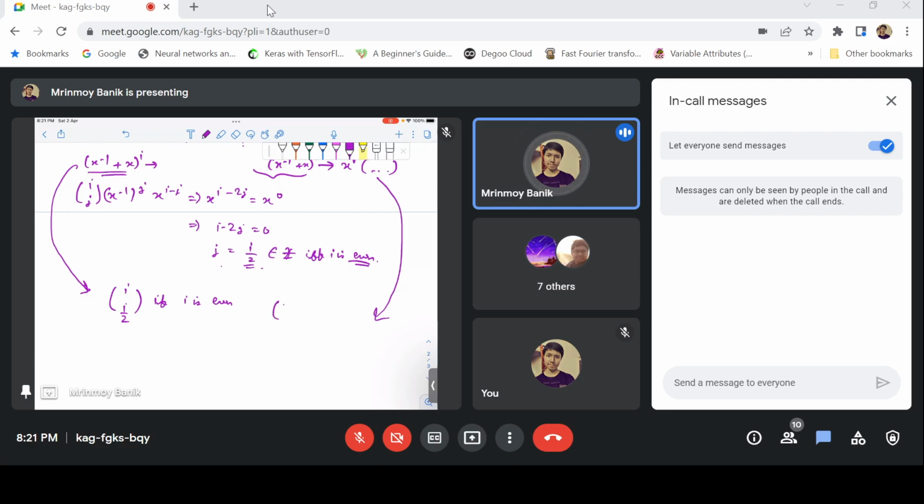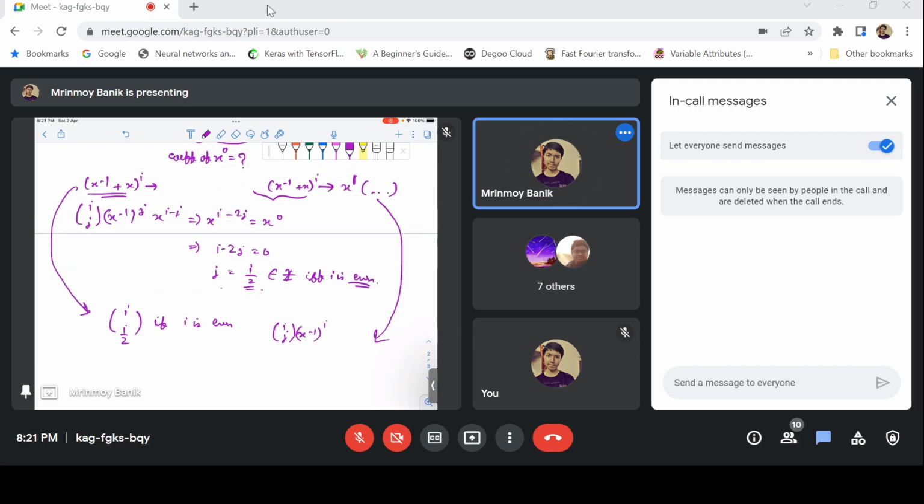So here we have iCj x power minus 1 power j, and x power i minus j. But here we need to have minus j plus i minus j equals x power 1. Oh, sorry, x power minus 1.